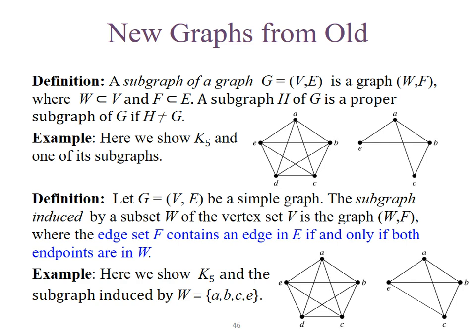All right. Maybe we can have a practice here. Let's see if we have K5. Just draw the subgraph and the induced subgraph. If you choose the vertices, you get different answers for these two kinds of subgraphs.